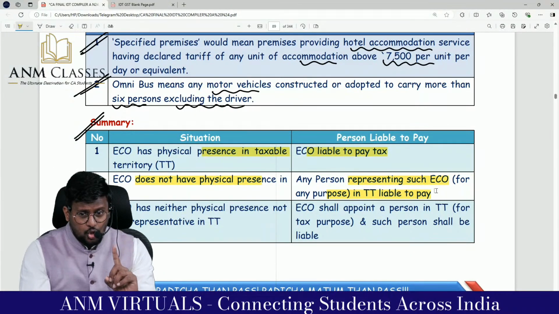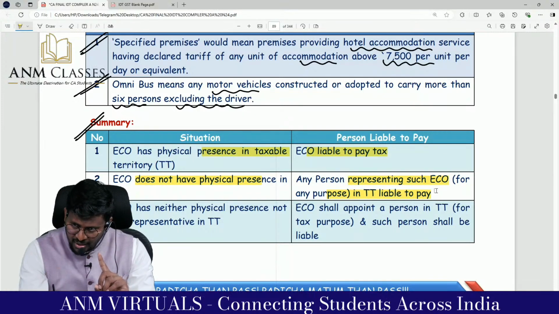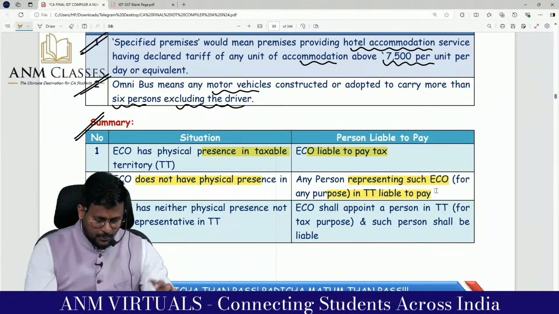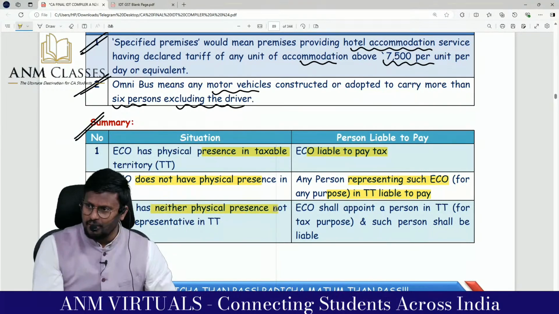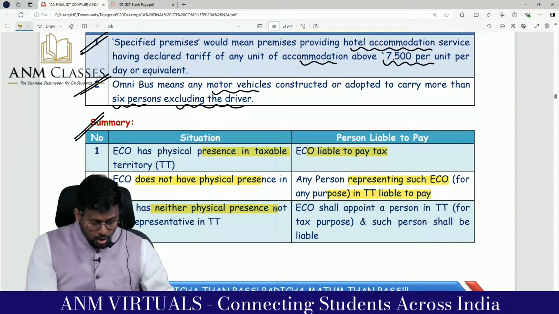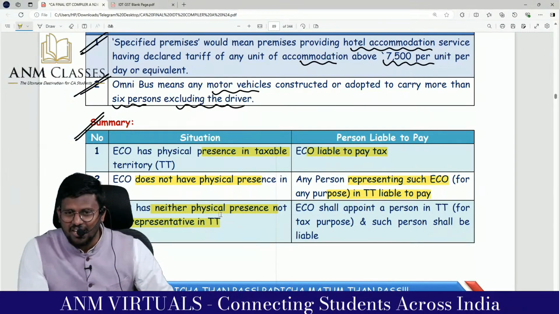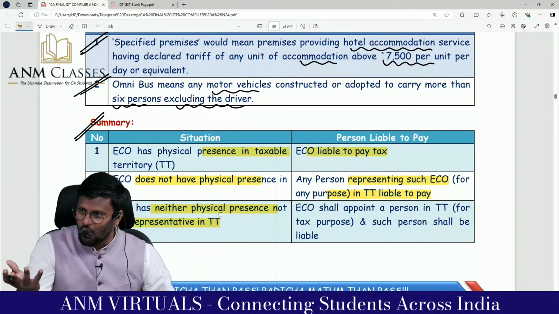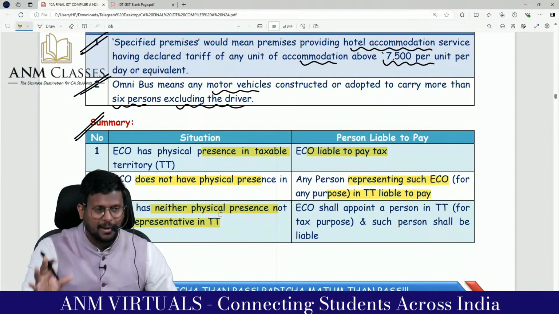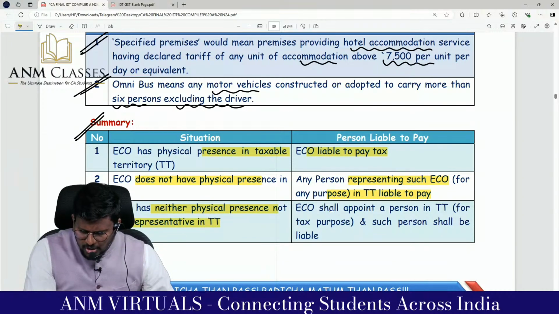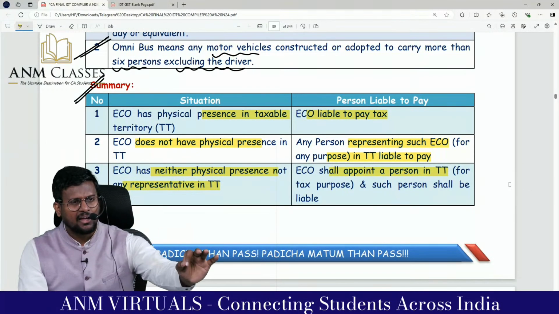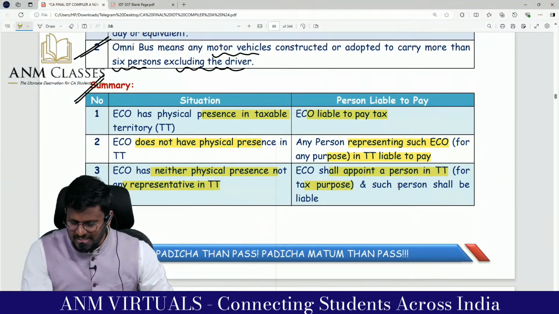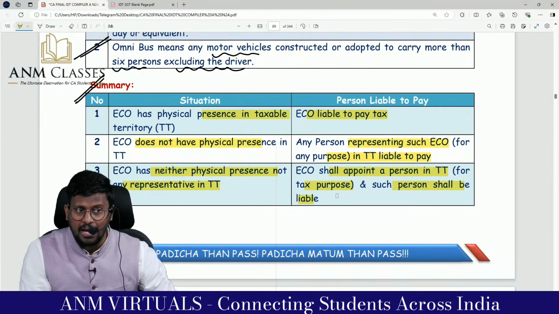So the e-commerce operator may or may not have a physical presence. Next, the e-commerce operator has neither a presence nor any representative in the territory, like a ghost, like smoke, nowhere to be found. Then the e-commerce operator shall appoint a person for tax purposes, and such person shall be liable.